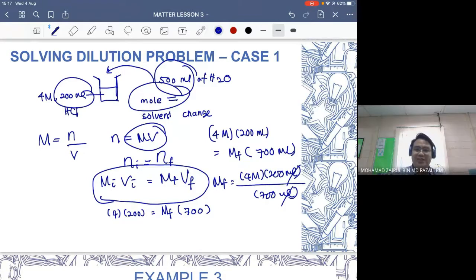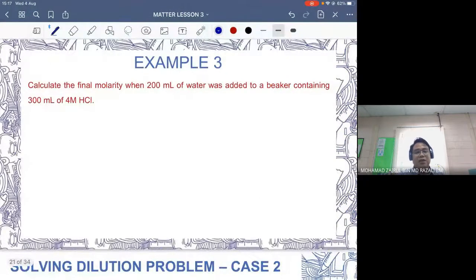Okay, so example 3. Calculate the final molarity when 200 ml of water was added to a beaker containing 300 ml of 4 molar HCl. Okay, so kalau macam ni, kita hanya volume of solution je lah berubah.